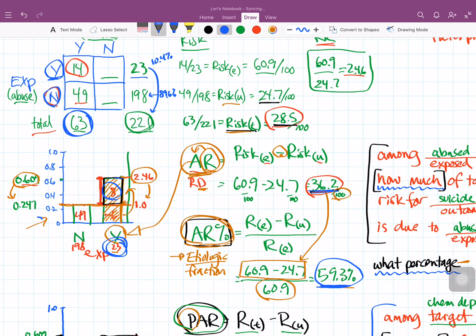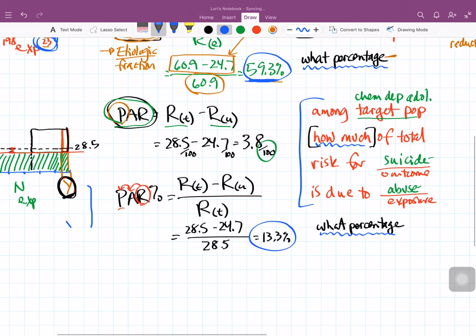So this right here is representing this 13.3% of the total suicides. That's how much we can attribute to having that exposure. Remember, all of the yeses is not necessarily due to that exposure. There's a baseline amount that would have been happening anyway, and that's where we're getting that 13.3%.